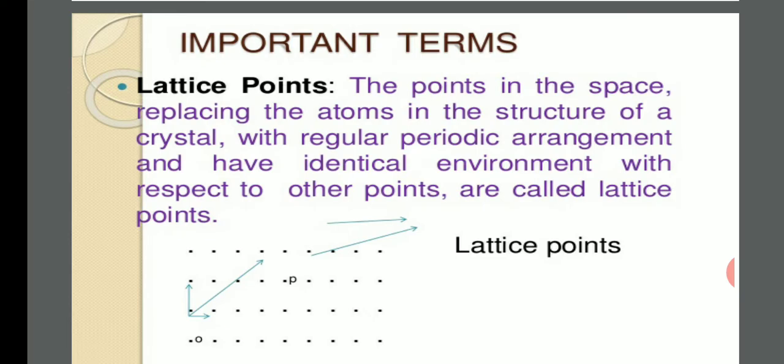Now, important terms. Lattice points: the points in space replacing the atoms in the structure of a crystal with regular periodic arrangement, and having identical environments with respect to other points, are called lattice points, as shown in this figure.